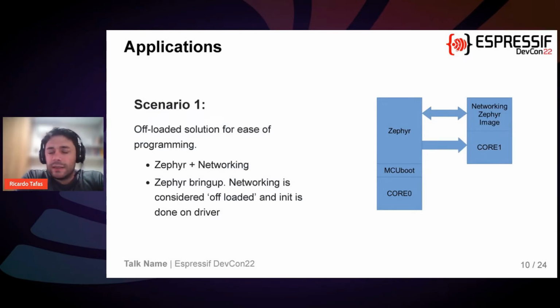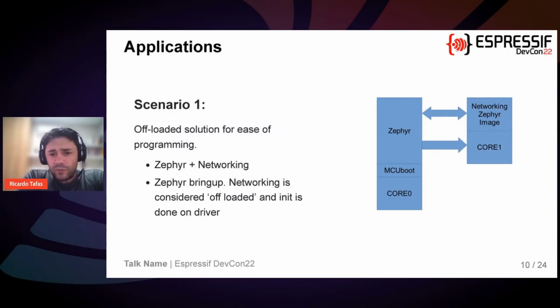So on these scenarios, there are several possible applications. The first application is an offloaded solution, just like I mentioned on the configuration, where we have one Zephyr image running a custom built Zephyr, and a second image running a networking tuned specific Zephyr image.